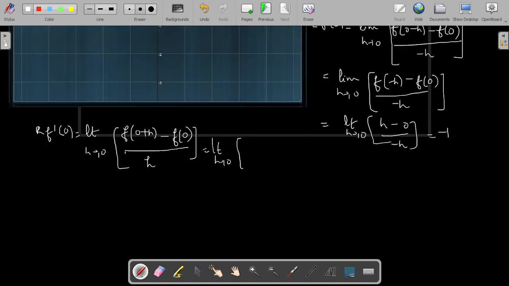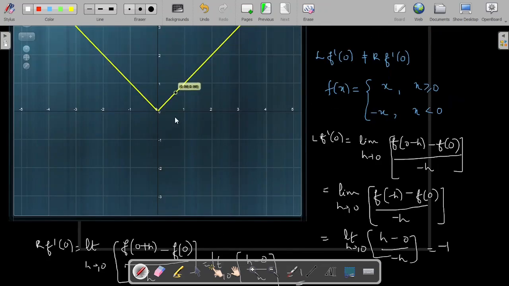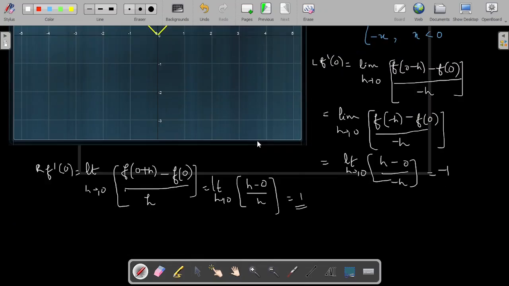So this is equal to h minus f of 0, which is 0, divided by h; h cancels, and this gives you 1. Therefore, the right hand derivative at x equal to 0 is 1. It means as you approach the point 0 from the right side, the derivative is 1. So we don't have a common value for the left hand and right hand derivative. Therefore, we can conclude that f is not differentiable at x equal to 0.